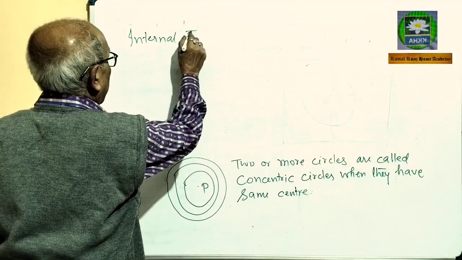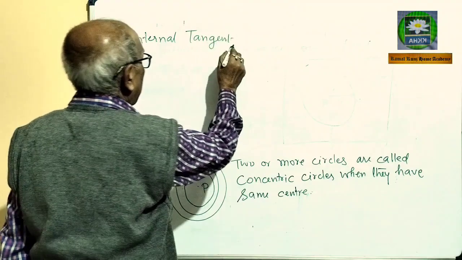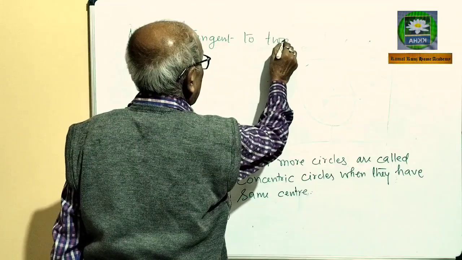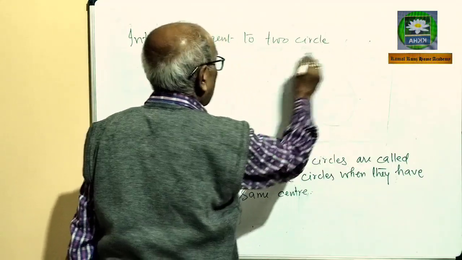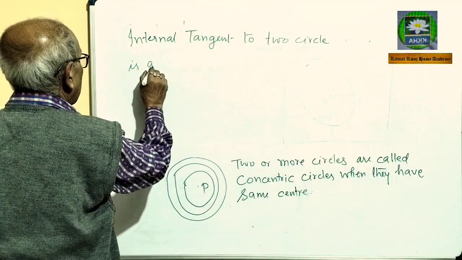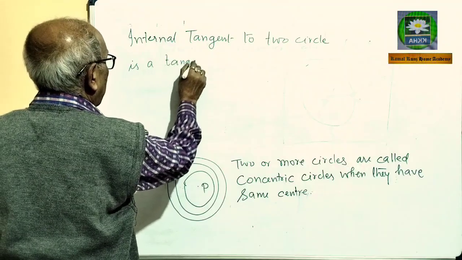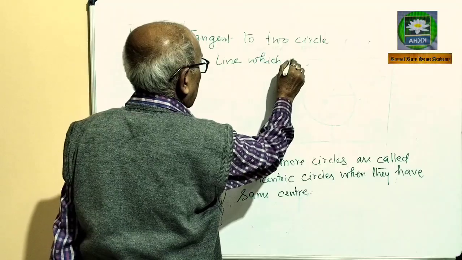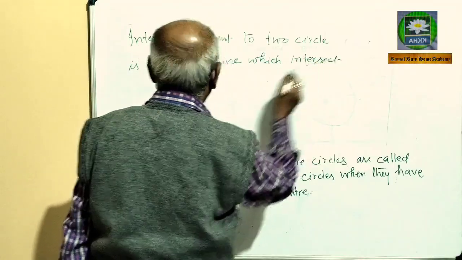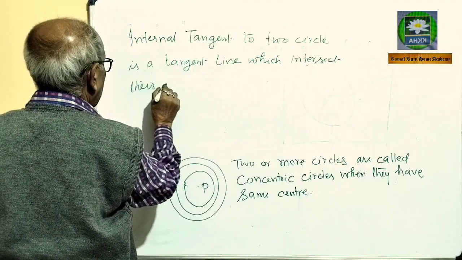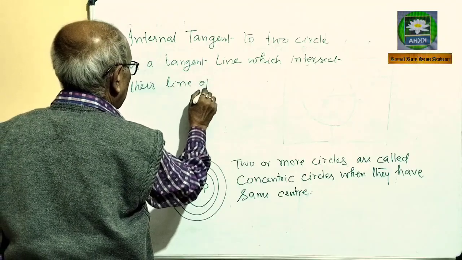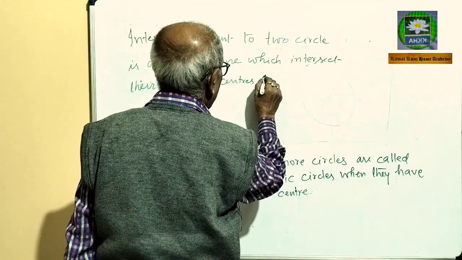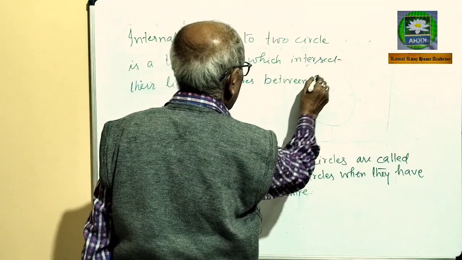An internal tangent to two circles is a tangent line which intersects their line of centers between the two centers.